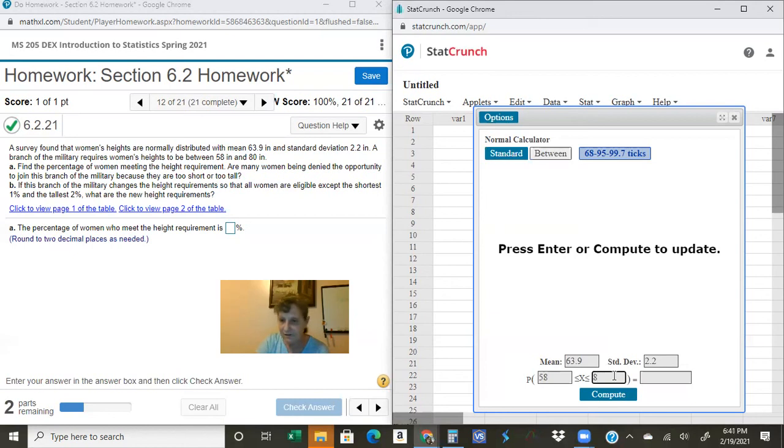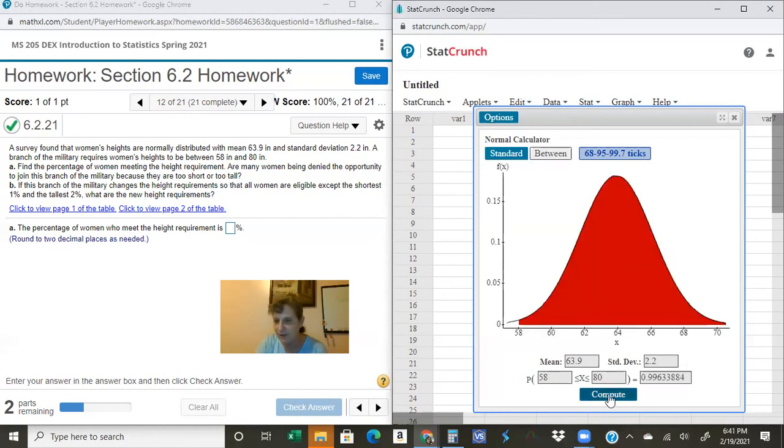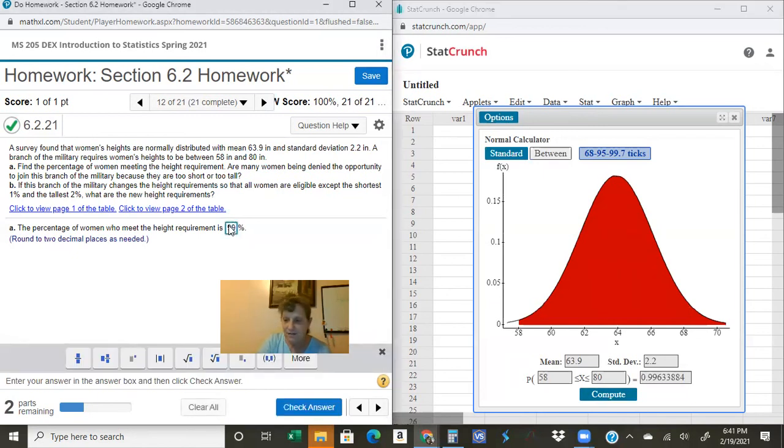These are X values. These are not probabilities. The probability is going to be 0.9963. So the percentage of women that fall in between these heights is 99.63% of women. They've got the percent sign there, so I know to move the decimal. And it says 2 decimal places.